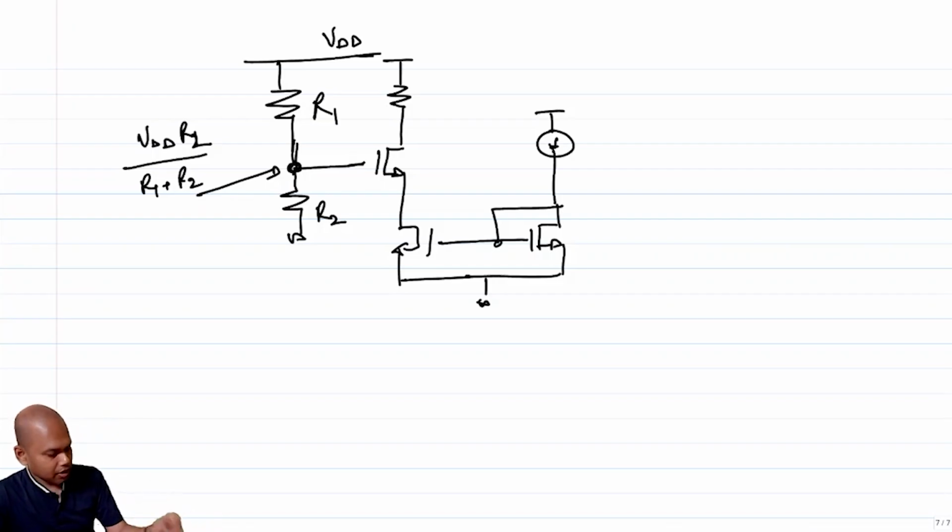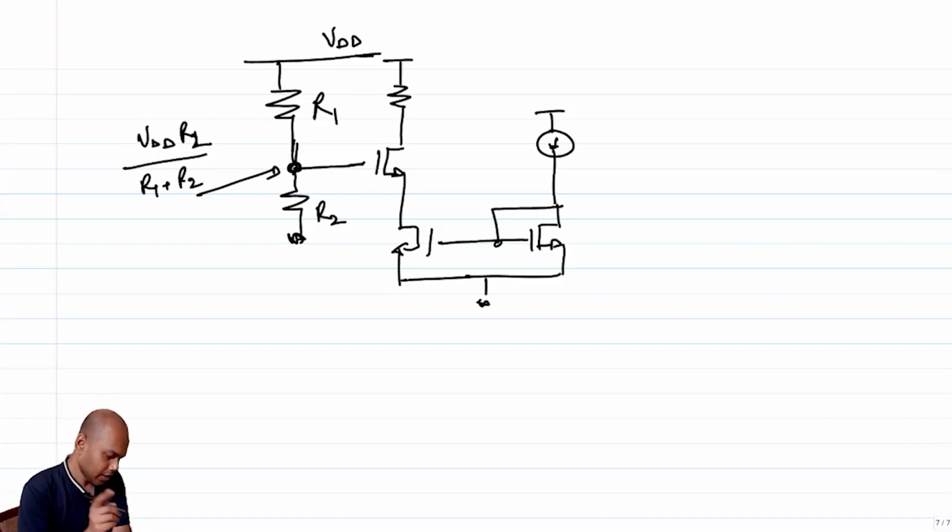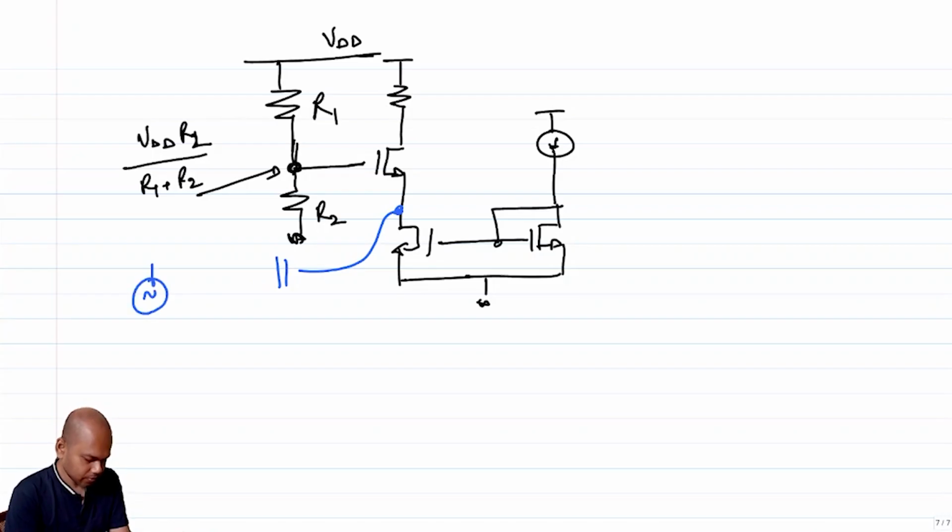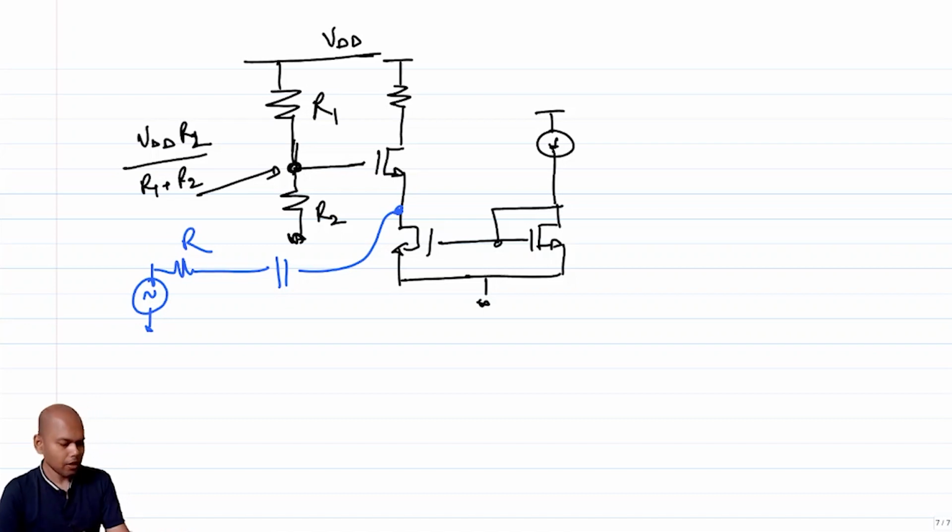Okay, but not so fast, because there is an issue with this particular configuration if you are not careful at high frequencies. And the issue is as follows. Note that your signal is getting coupled here, right? So far, what we have done is we have neglected the parasitic capacitance which exists between these two nodes.